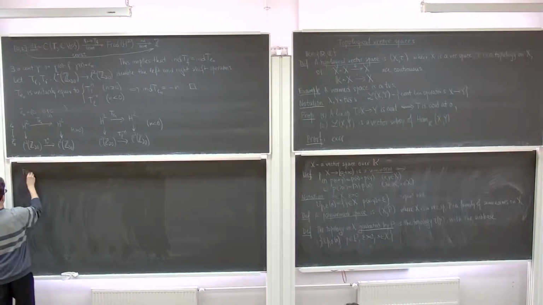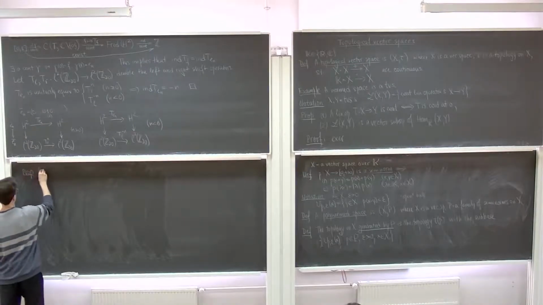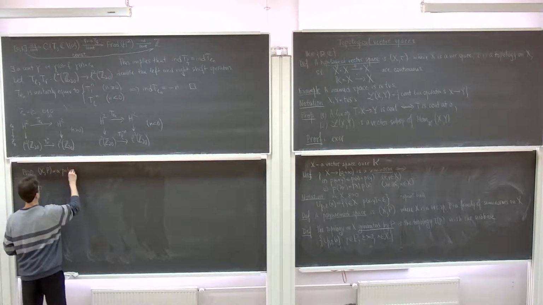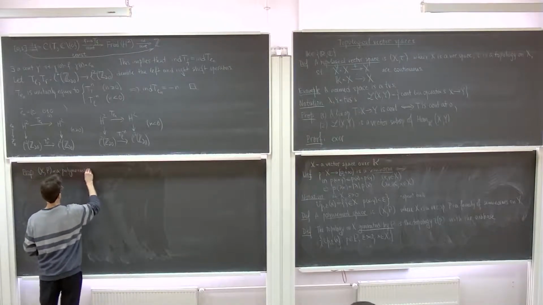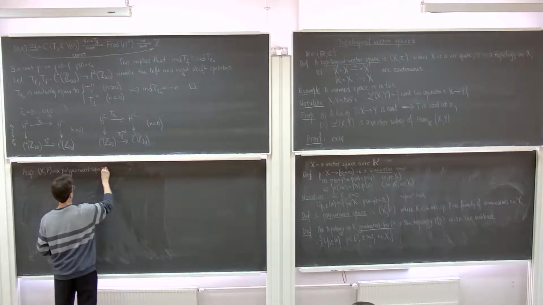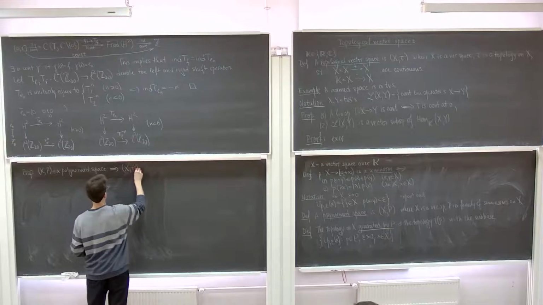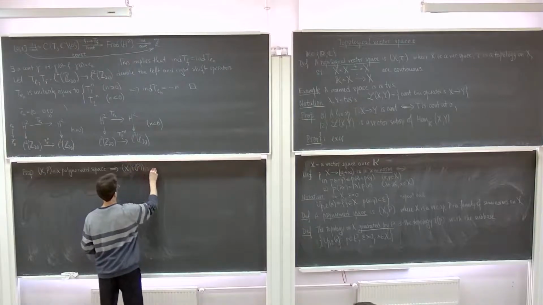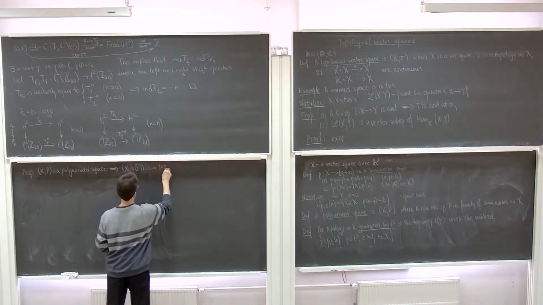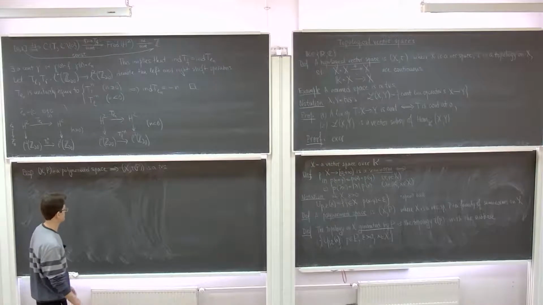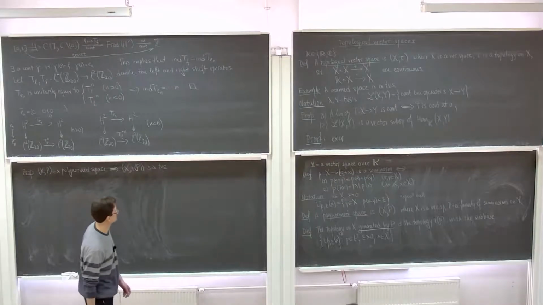I have the following proposition. If we start with a polynormed space, then X equipped with the topology generated by P becomes a topological vector space. So we have to prove the continuity of the algebraic operations on X for this topology.